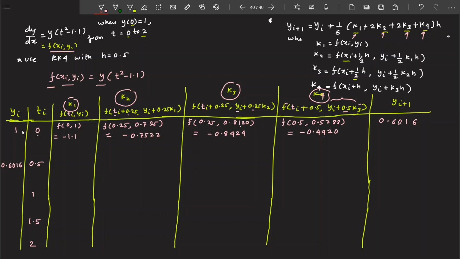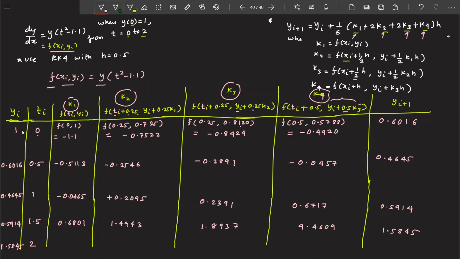So I'll just write down the values from here. If you do the calculation, you'll find out this is the value of k1, this is the value of k2, this is the value of k3, and this is the value y plus 1 again.